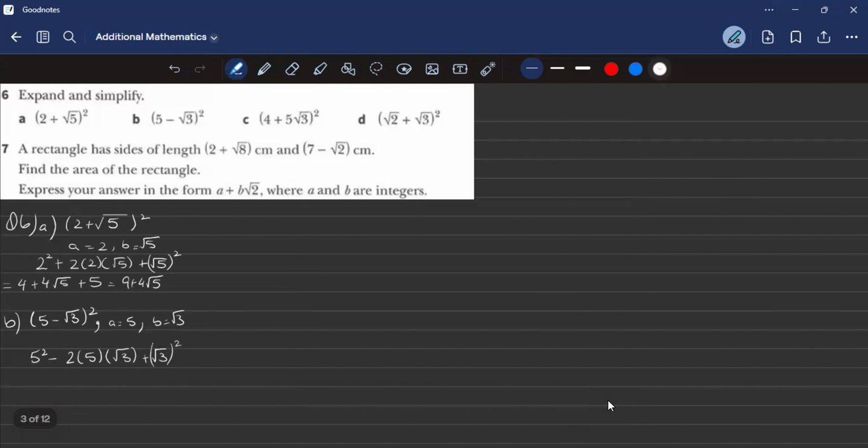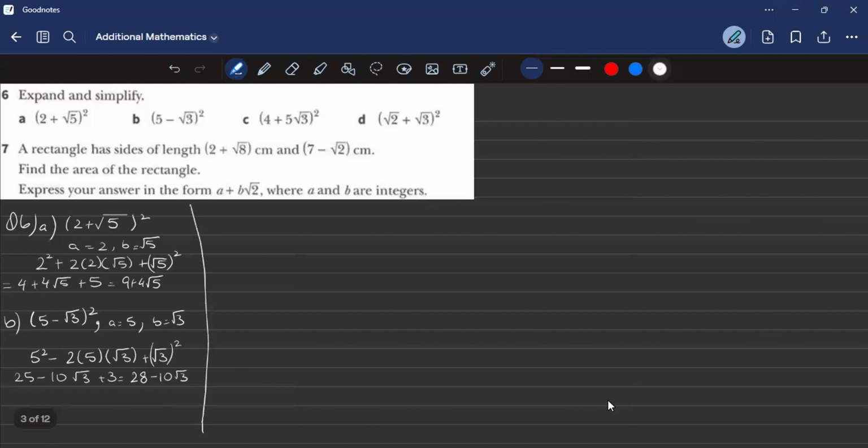So now what we're going to do is 5 5s are 25 minus 10 under root 3 plus 3. And that's equal to 25 plus 3, 28 minus 10 under root 3. And that's our answer for question number 6, part B.